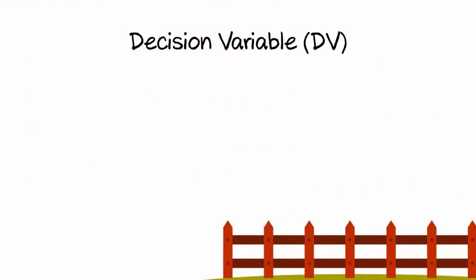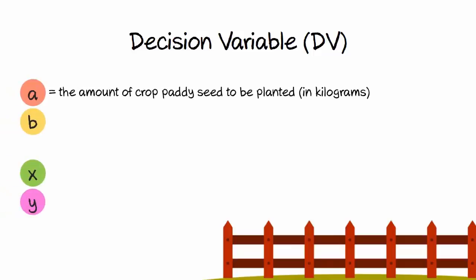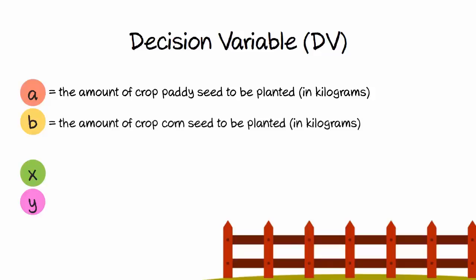Okay, now we will talk about the problem solving. There will be three steps. The first step is to find the decision variables. Now we have four variables here: A, B, X, and Y. A is the amount of crop paddy seeds to be planted, by this I mean rice.